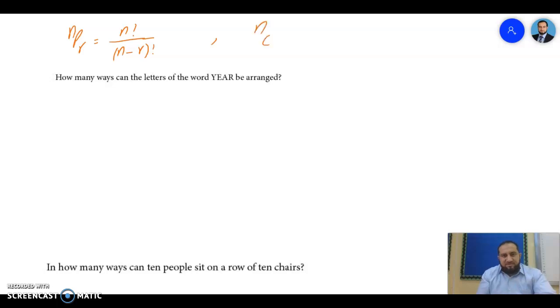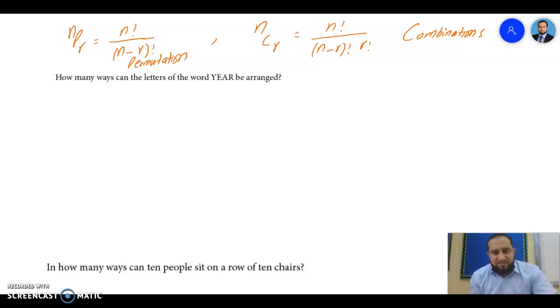And for nCr, we learned the formula: n factorial over (n minus r) factorial times r factorial. So these are combinations and this is permutations. Other than that, we learned the counting principle.